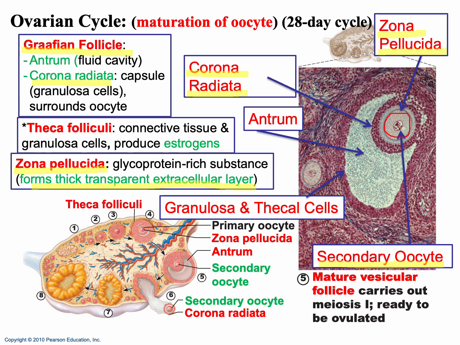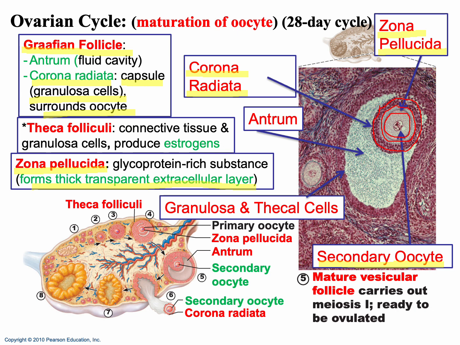So the corona radiata is a capsule that contains granulosa cells, surrounds the oocyte. So we can see that here. Again, this area here is the zona pellucida, and this area here is the corona radiata.